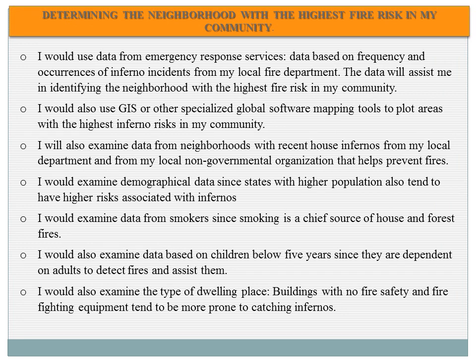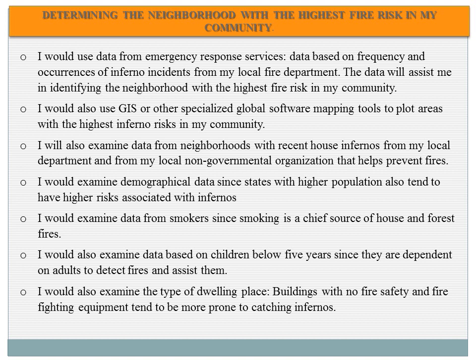Now, the third part is determining the neighborhood with the highest fire risk in your community. For example, I would use data from emergency response communities, data based on frequency and occurrences of inferno accidents from my local fire department. The data will assist me in identifying the neighborhood with the highest fire risk in my community.